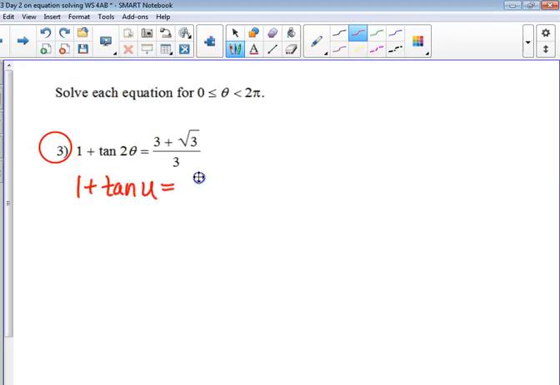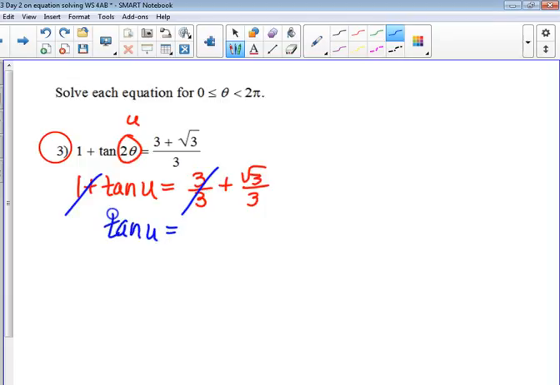Over here, I'm going to rewrite that as 3 over 3 plus square root of 3. I wanted to just call this u for a moment. 3/3 is really 1, right? So if I get that up, oh, look. They're just trying to hide the answer from us. The tangent is square root of 3 over 3.